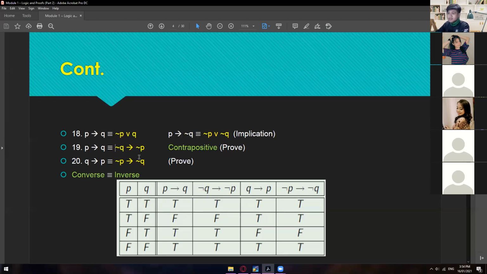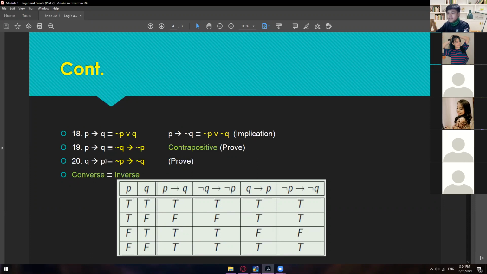So if you want to convert hypothesis to conclusion and conclusion to hypothesis, you have to negate their values, just like what happened in this expression. So interchange and then negate, and nothing will change in our connective. Still conditional. So we call this one contrapositive.